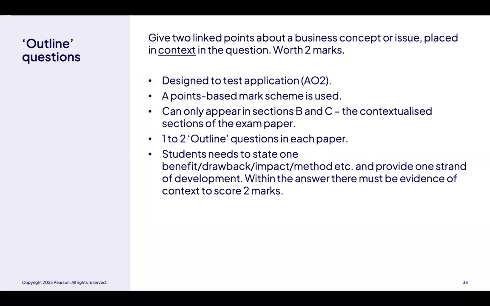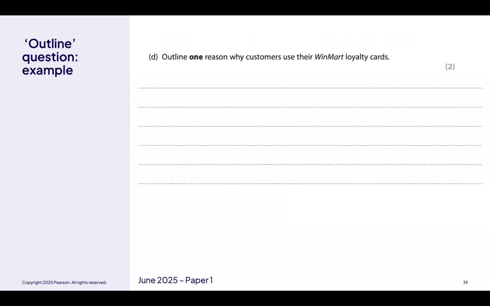So can I show you an example of a question? Again, from this year. Outline 1 reason why customers use their Winmart loyalty cards. So what do we have here? The command word, outline. It is worth 2 marks. Consistency, always.